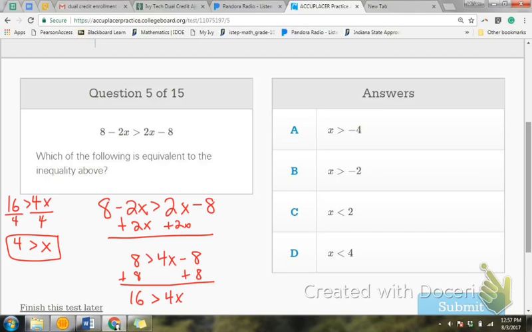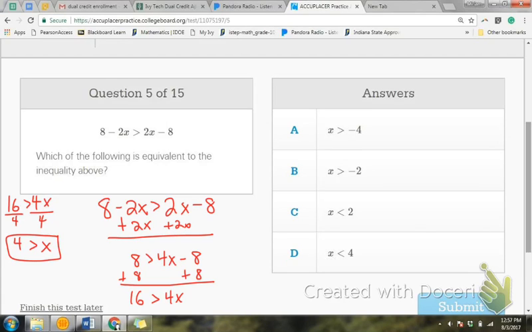So you should have x is less than 4. This is a negative 16. This is a negative 4, negative 4. I was considering that as you said it. Okay, x is less than 4.